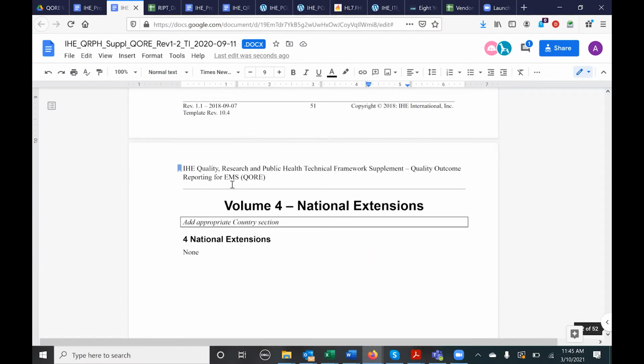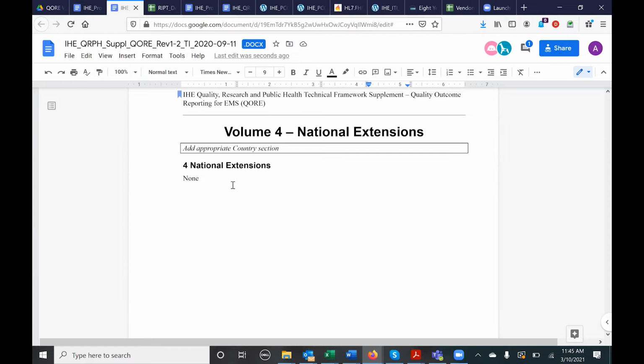And since we do not have a volume 4 right now, we are going to IHE to open this up and put in the volume 4. What volume 4 is, as you can see, is called national extensions. What we utilize volume 4 for is any value set bindings or constraints that are US centric terminologies.